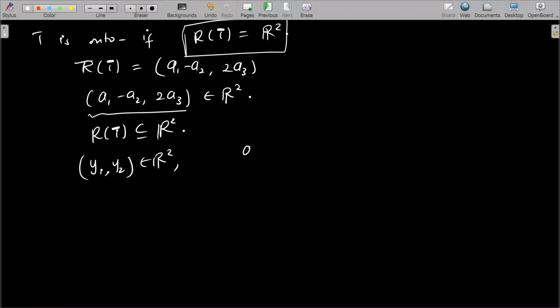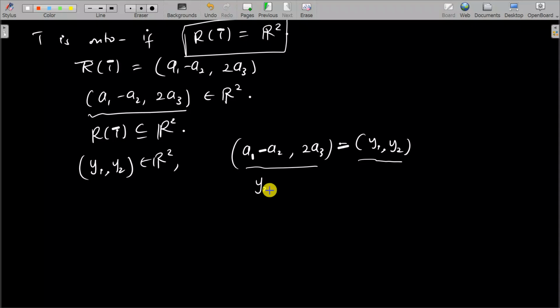If I say (a1 minus a2, 2a3) is equal to (y1, y2), I want to make sure that every (y1, y2) I pick, I can write it as this, with a1, a2, a3 coming from just normal scalars. What can I say?